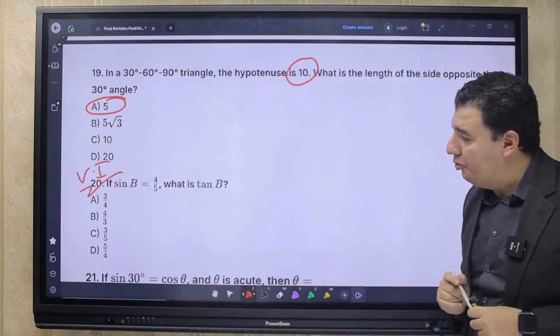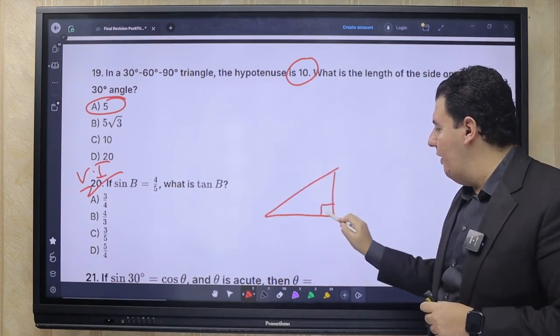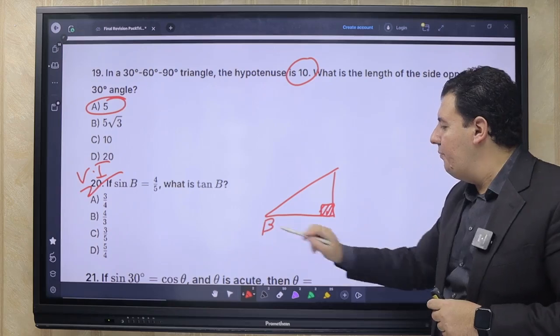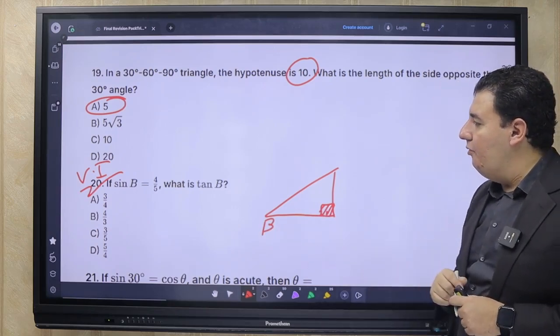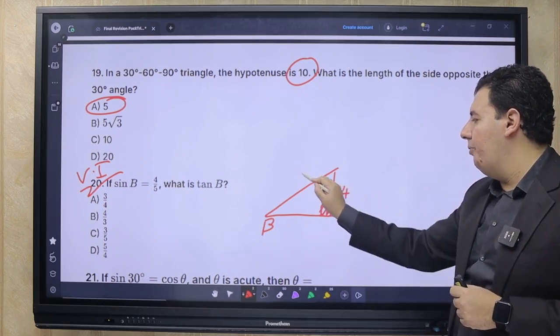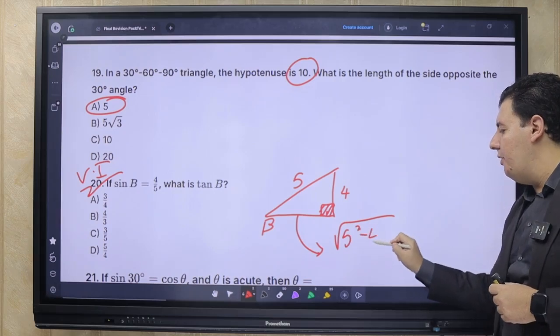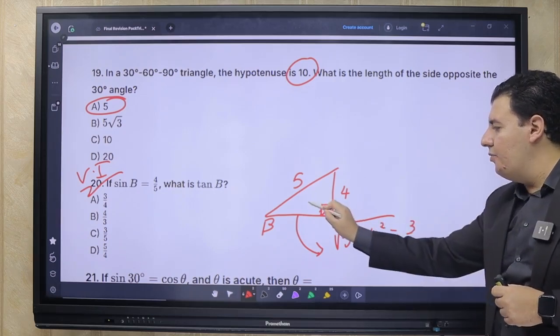20. If sine B equals 4 over 5, what is the tan B? According to this right angle triangle, and this is B, sine B equals 4 over 5, sine is opposite over hypotenuse, opposite 4, hypotenuse 5. This is a leg, square root of 5 squared minus 4 squared equals 3. So this leg equals 3.